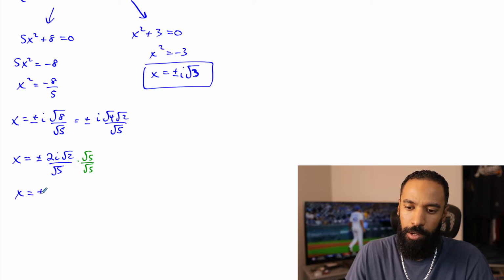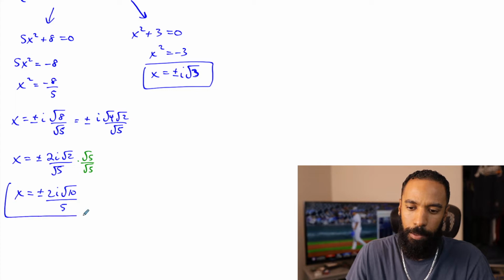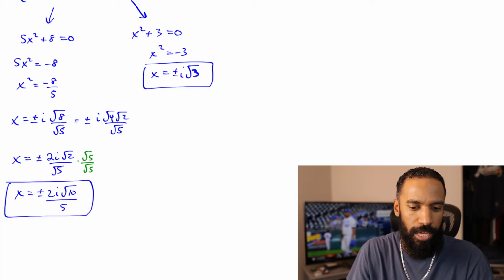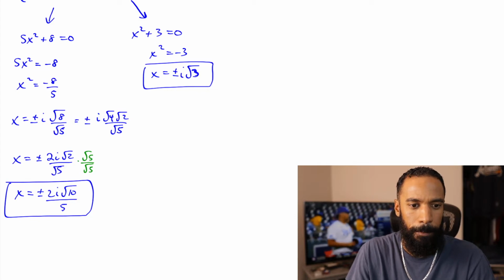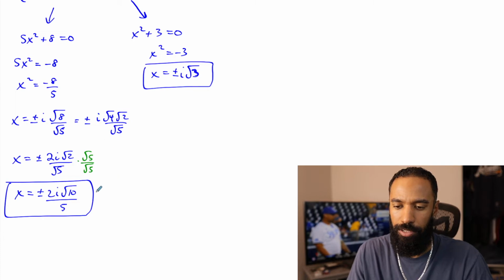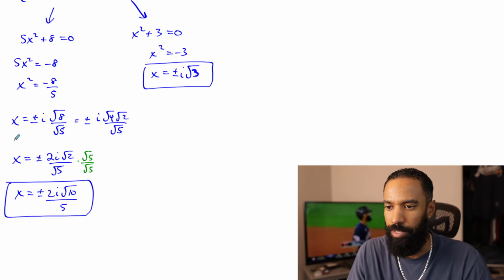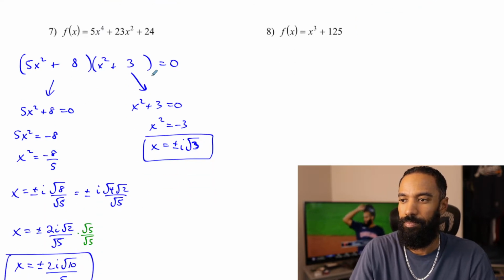And we will get plus or minus 2i root 10 over 5 right there. So plus or minus 2i root 10 over 5, plus or minus i root 3. Now, given those, that is 4 solutions, all imaginary, complex right there. Plus minus i's, it was a quartic. We're all good to go.